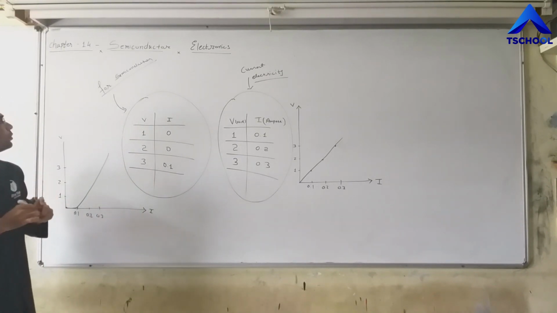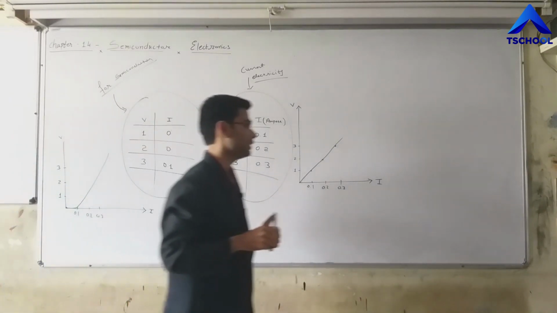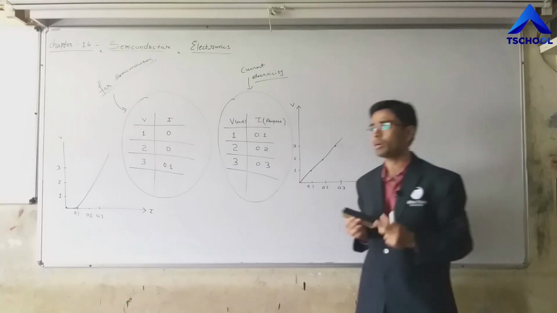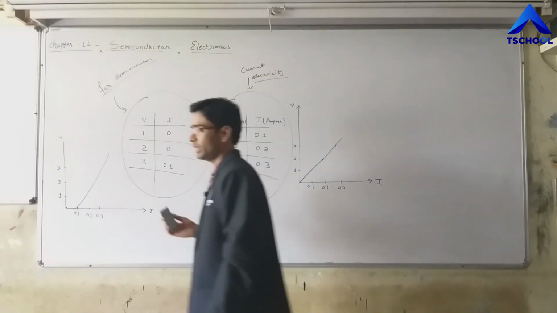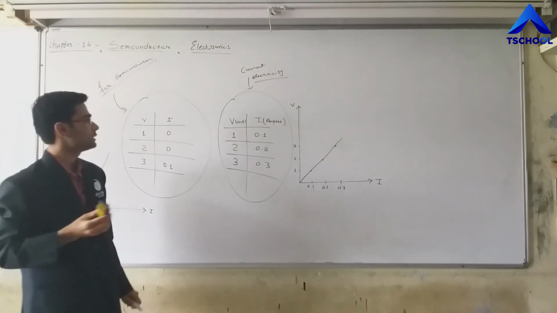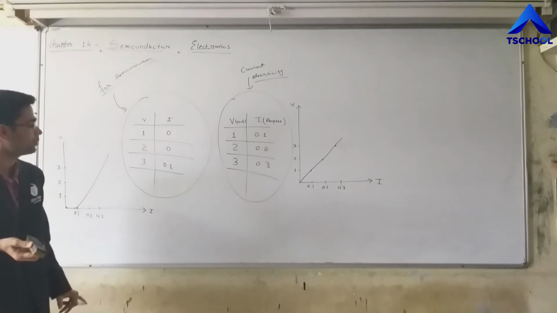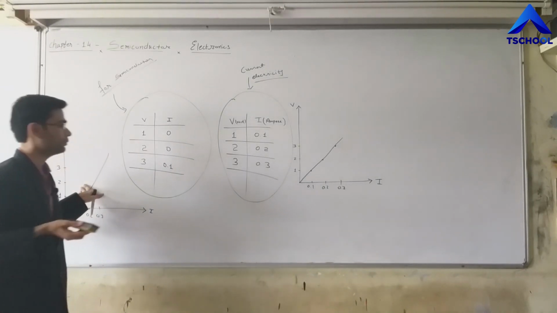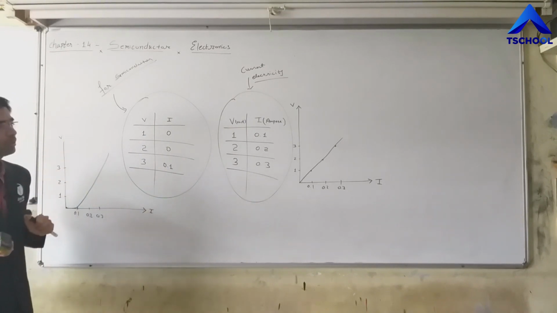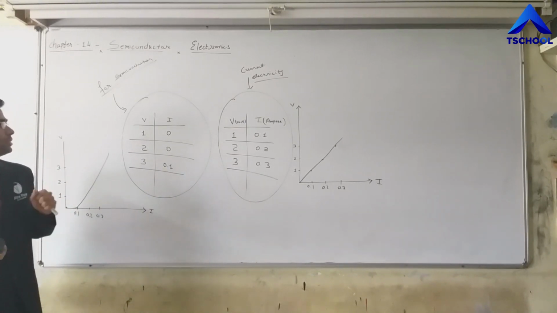Now for semiconductor electronics, in chemistry we have learned about the periodic table. Based on the number of free charge carriers in them, materials are divided into 3 categories: conductors, semiconductors and insulators.